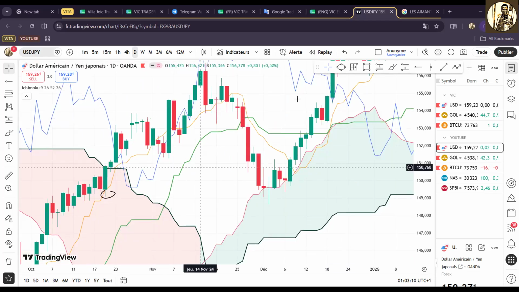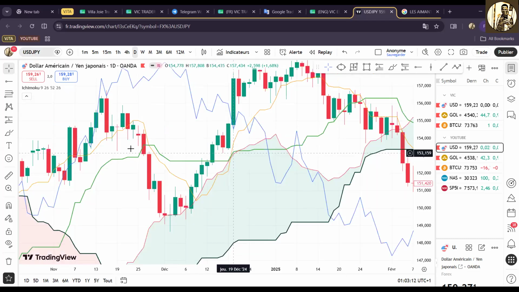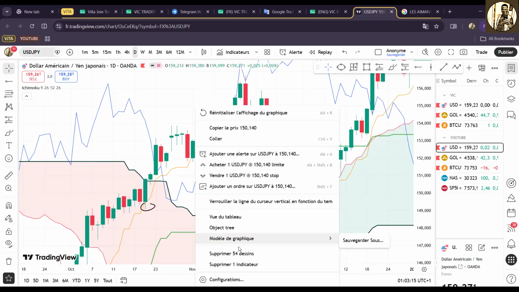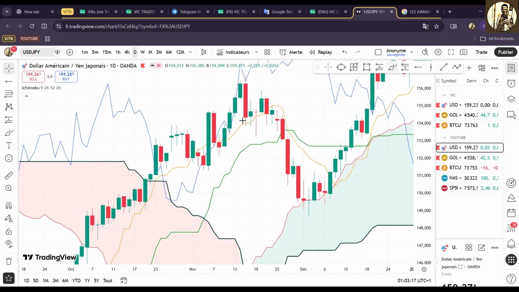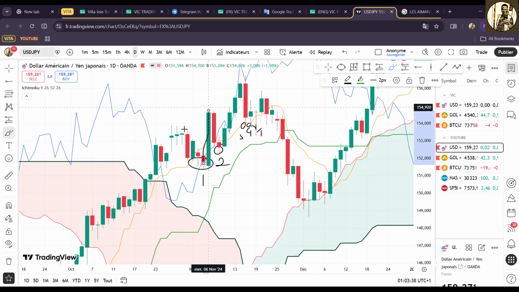Let us use, no, let's not use this. Okay, let us use this example first. It's not bad. From the rising, right, you have the first touch, then the second touch here, then the third touch here, then the fourth touch here, you see, then the fifth touch here. You see that the first touch created a V breaker that broke this one.